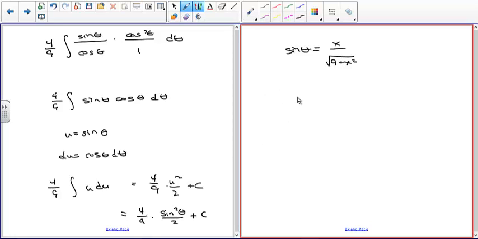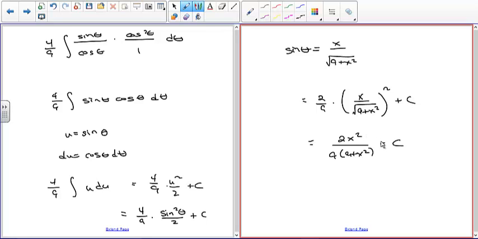So now our final answer is going to be 2/9 times x divided by the square root of 9 plus x squared, squared. And that's going to be 2x squared divided by 9 times 9 plus x squared.